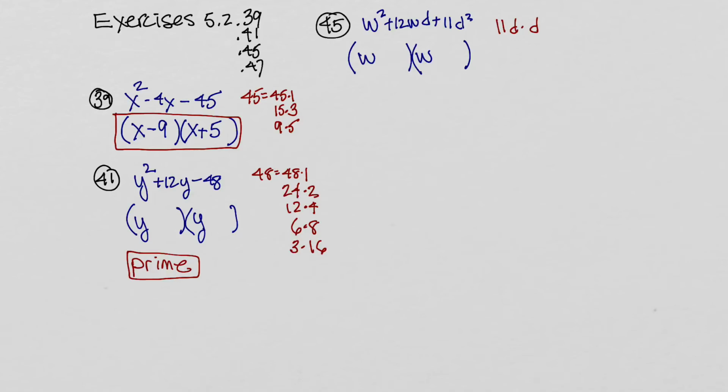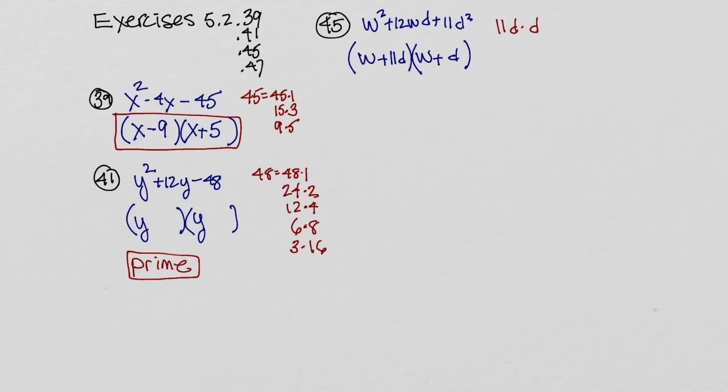So let's come back here and write 11d and d, and sure enough, out of an 11 and a 1, we can get a 12 if we add them together. The sign of that last term is positive, so these two terms have to have the same sign, and that's going to be that middle plus sign. So what we're going to have here is w plus 11d, w plus d.